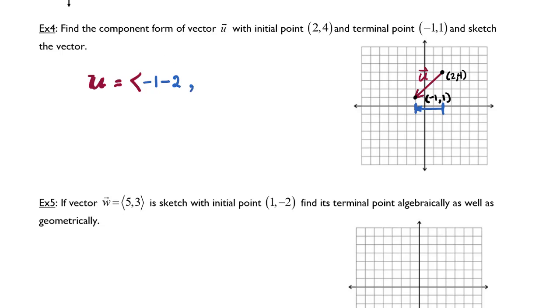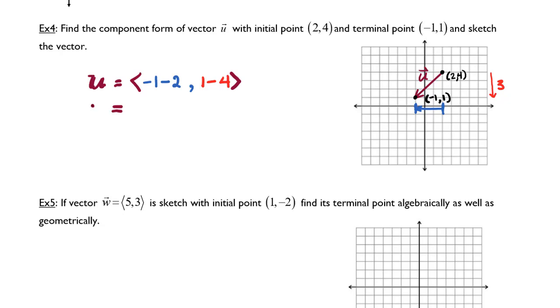And in the y direction, I have three as well, and it goes down 3. So if I look at the 1 minus 4, I will have my value for the y component.